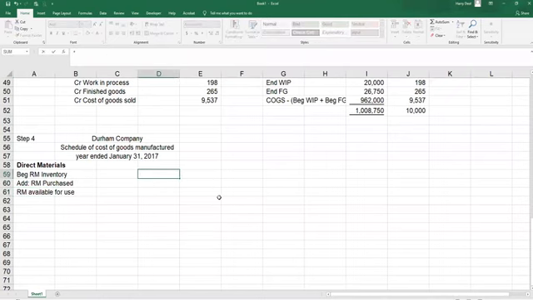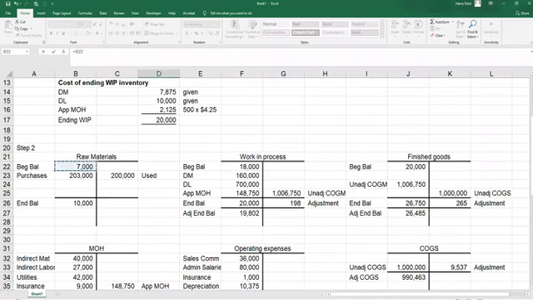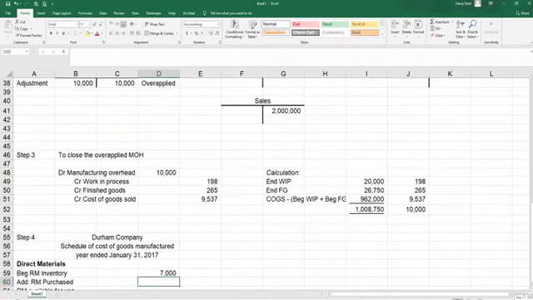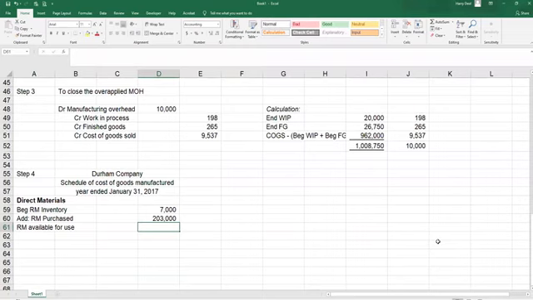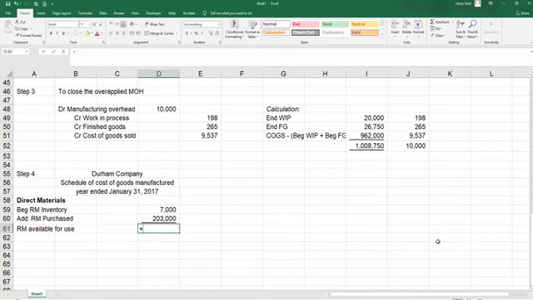Let's just go and link back. Our beginning raw materials inventory was 7,000. Raw materials that we purchased were $203,000 in total. So the total amount of raw materials that were available to be used is 210,000.